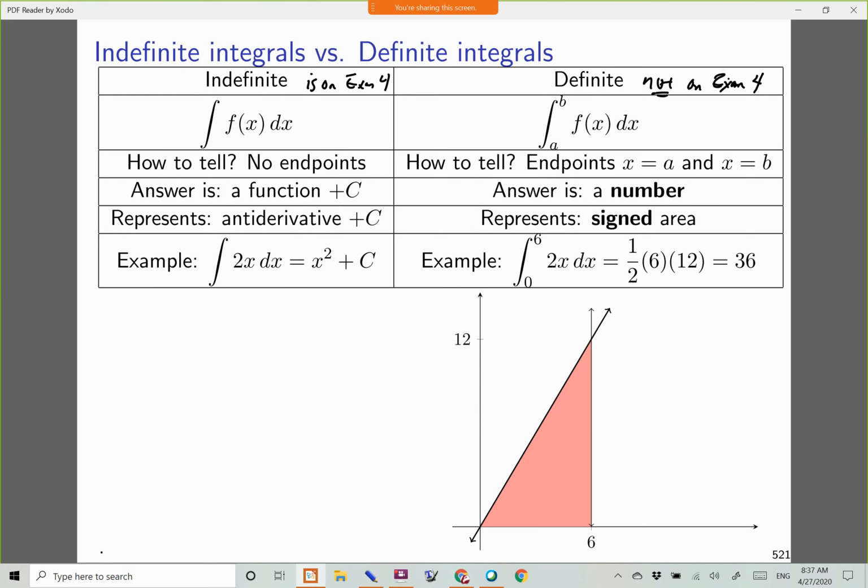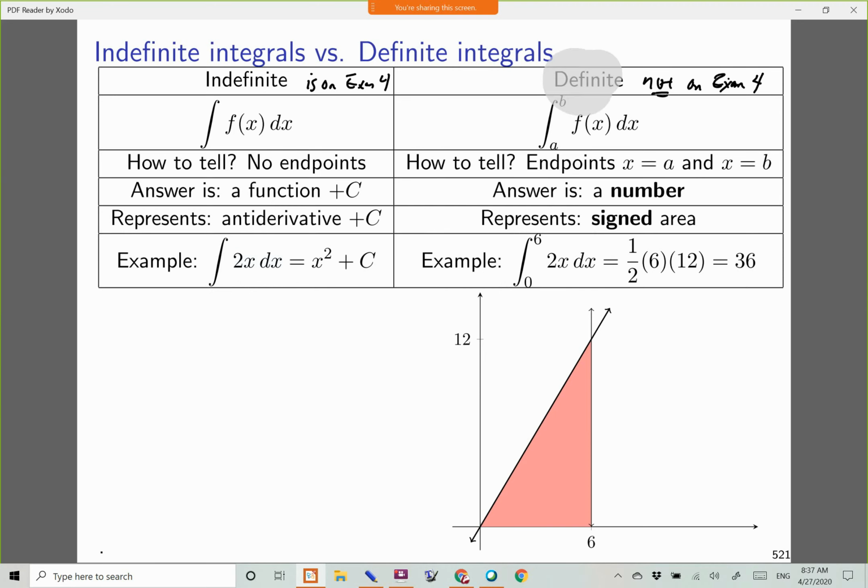As an example, and I tried to make the questions look as similar as possible, this integral of 2x dx, this indefinite integral over here, that's an antiderivative problem. This is the exam type thing you will see for exam 4. What's the antiderivative of 2x? It's x squared plus c. The kind of thing you would not see on this Thursday's exam is I just took the old question, but I stuck on x values of 0 and 6.